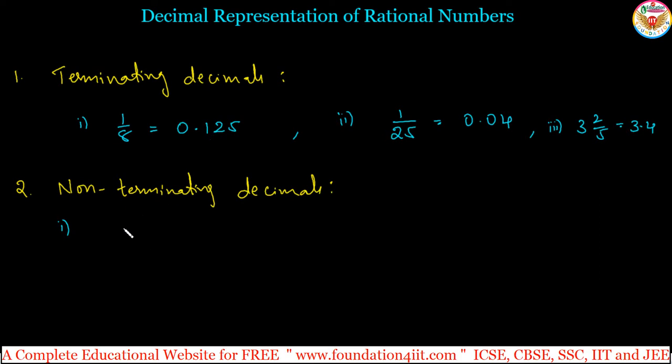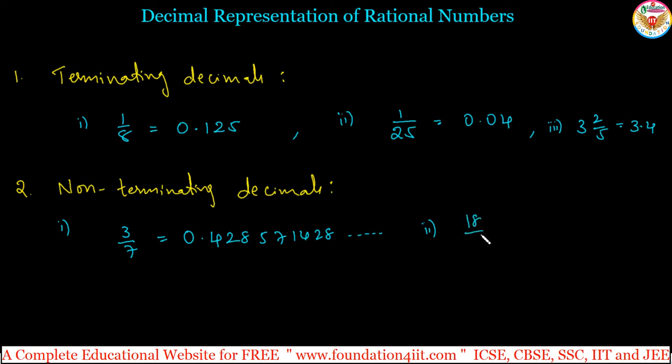But in this one, for example, take 3 by 7. You do the division, 3 divided by 7, and you will get 0.428571 continuously. You can use a calculator or do it by hand. So you will get 0.42857142 and so on. It repeats. There is no stopping at all.